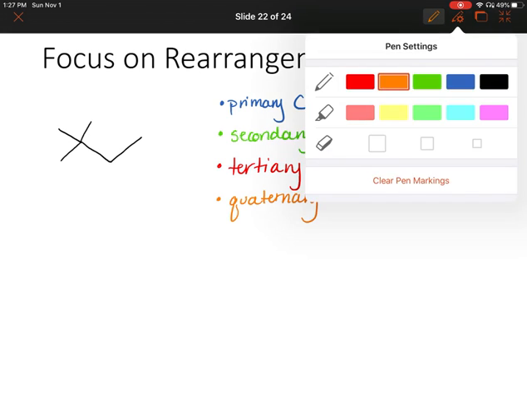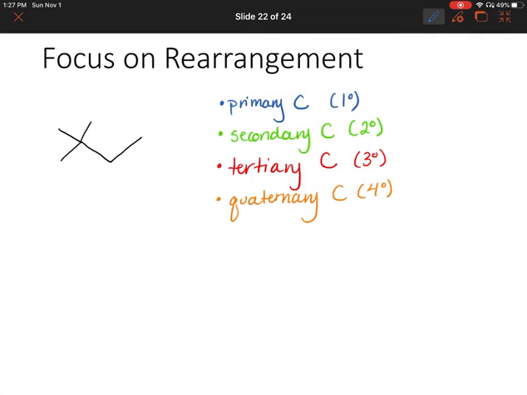Okay, so do you see any primary carbons in this molecule? And remember, primary carbons are bonded to only one other carbon. So we have primary carbons on the ends of the molecule.